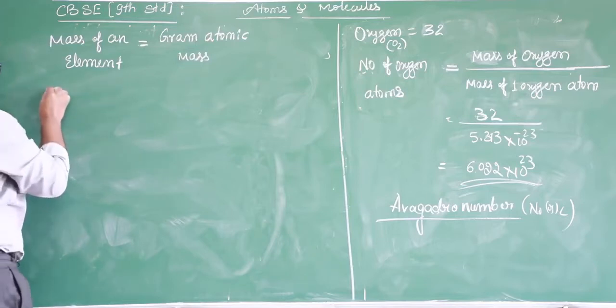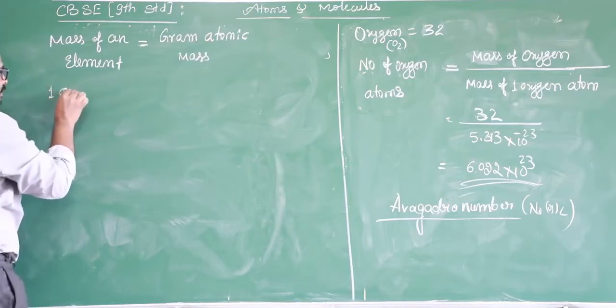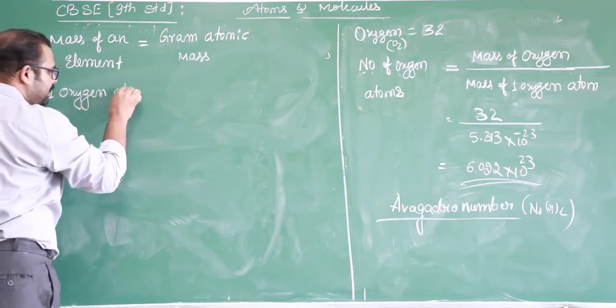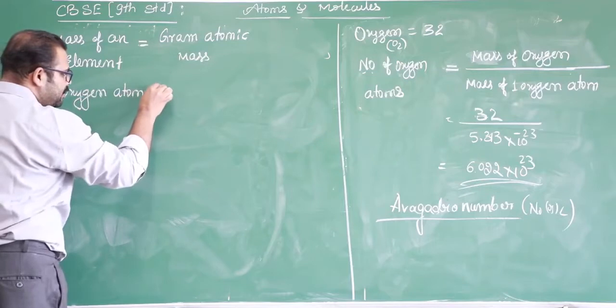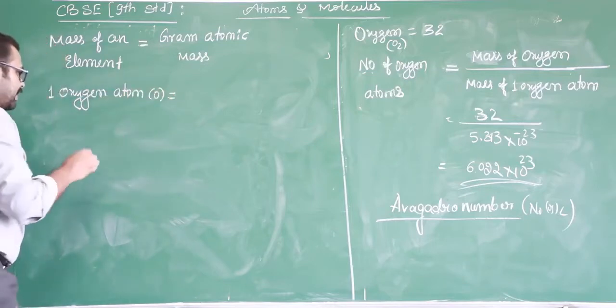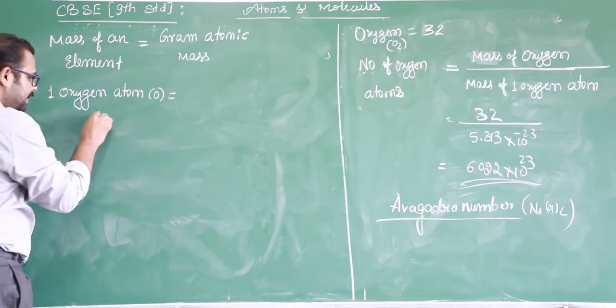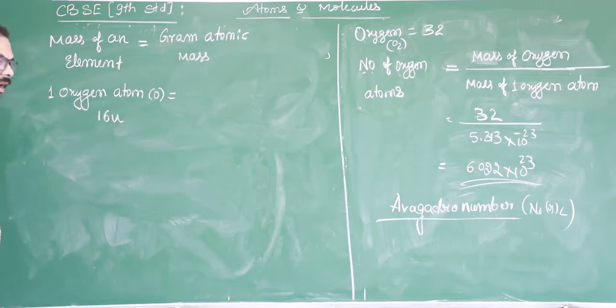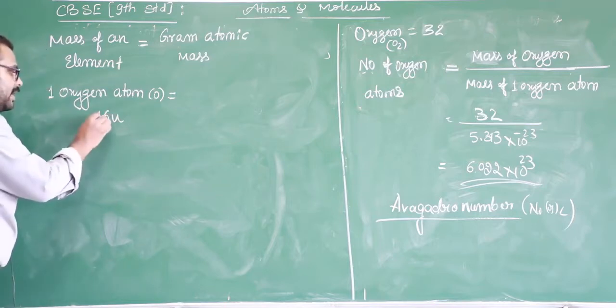Say, for example, one oxygen atom. One oxygen atom means we'll write O. And the mass of one oxygen atom is 16 unified mass, 16 u.